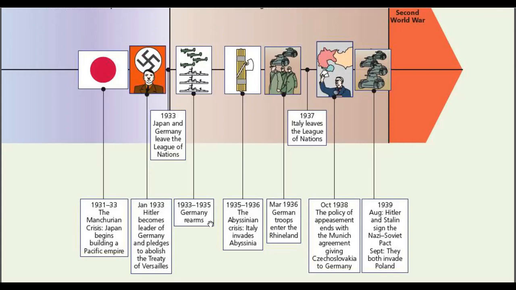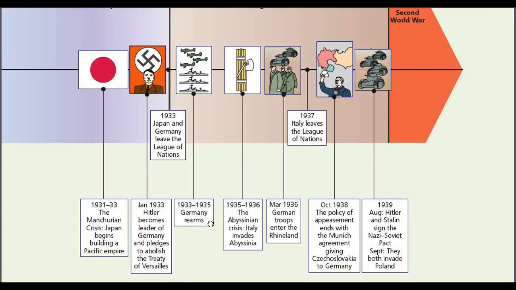I think that is the timeline, but we try to discuss it in a very simple way. From 1931 to 1933, Japan started to prepare to build an empire.